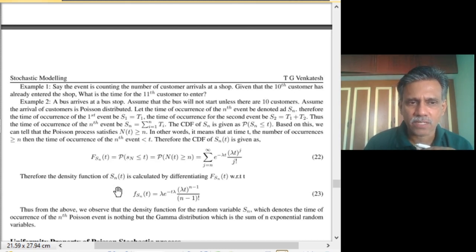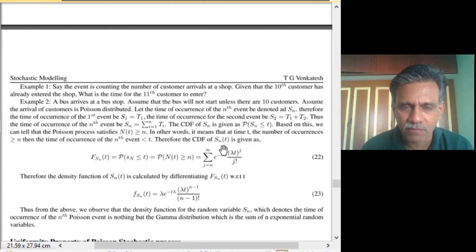What is the density function of Sn? That can be obtained by differentiating the CDF with respect to t. If you differentiate this sigma function with respect to t, you will see that there are two factors of t.